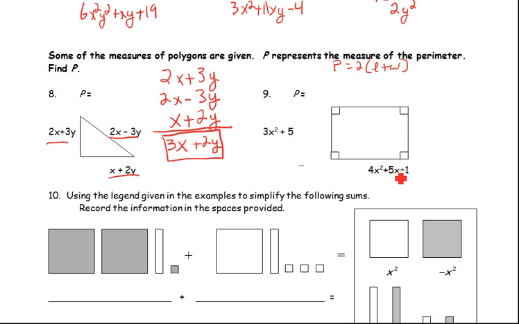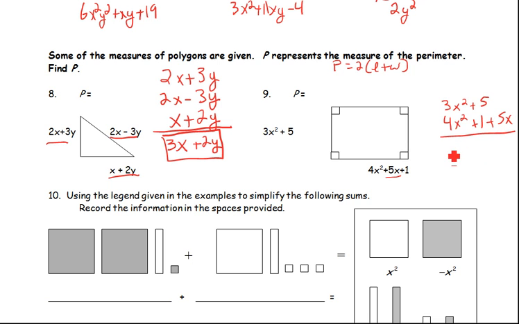I'm going to plug this into our formula, and the first thing I'm going to do is find out what is L plus W. Well, if I have 3x squared plus 5, then I have 4x squared. Now I can't do my 5x under this because it doesn't have an x. So I'm going to do my plus 1. That works. Notice how that's right there. Then I need to come out here and do plus 5x.